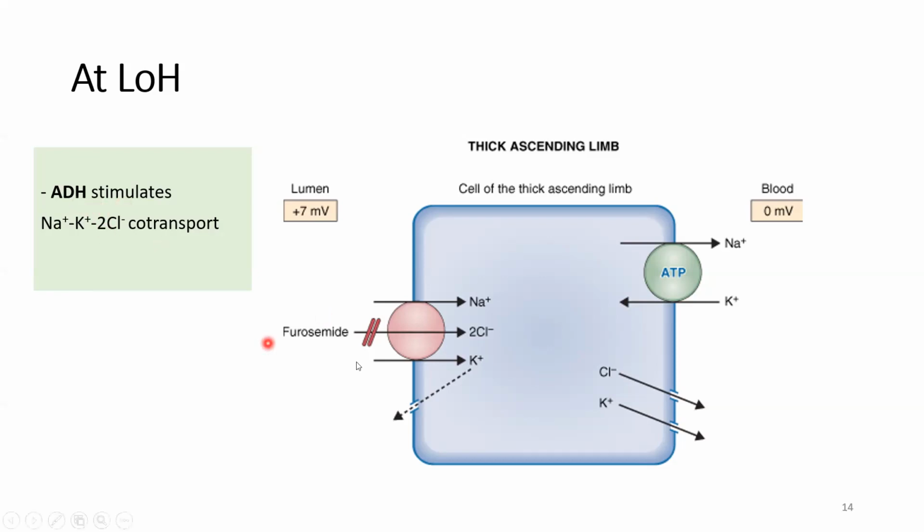The fourth is furosemide, which is written here. It's a diuretic, a drug which is used to increase urine formation, especially in patients who are suffering from hypertension or heart disease, so that their ECF volume is not overburdened, and hence they don't have high blood pressure. So these types of drugs are given to them. Furosemide blocks this channel, this whole system.